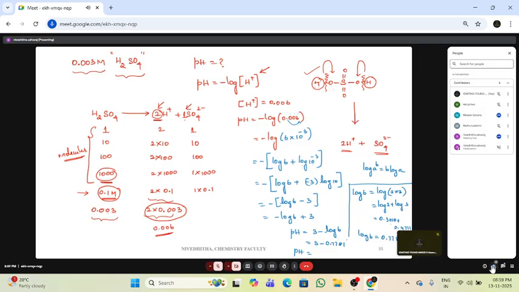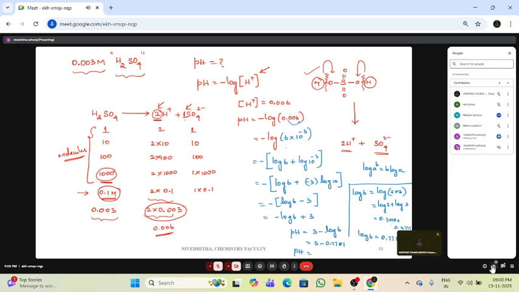From 3, you have to subtract 0.7781. If it is difficult, then just subtract 0.7. That is enough.